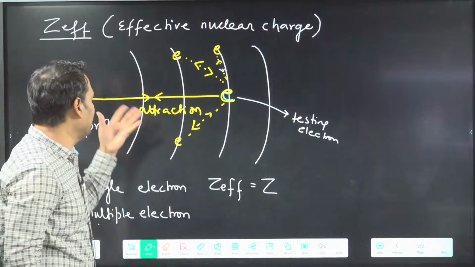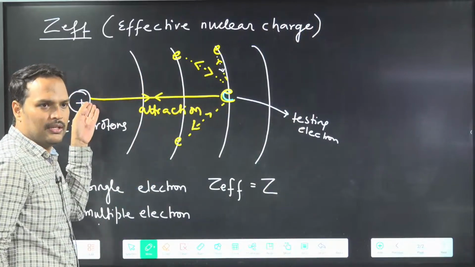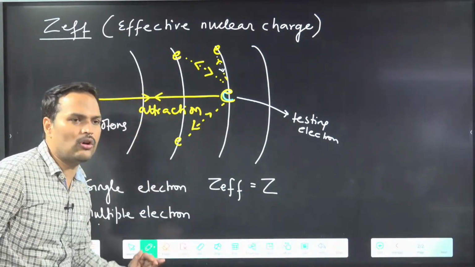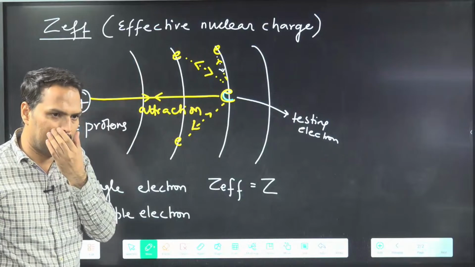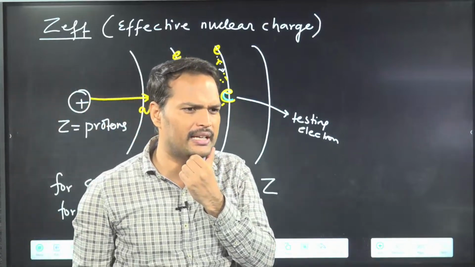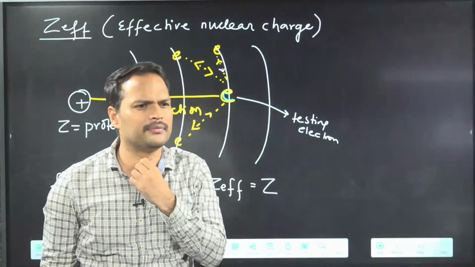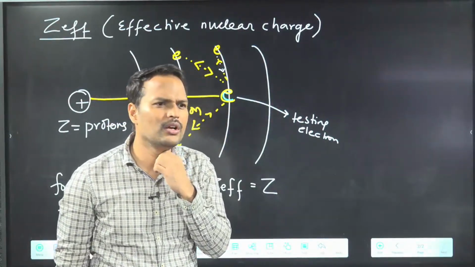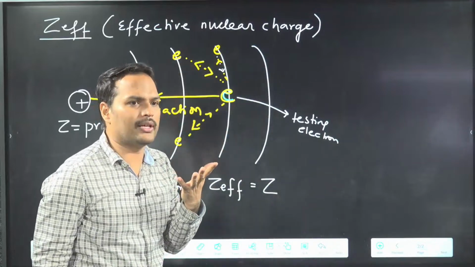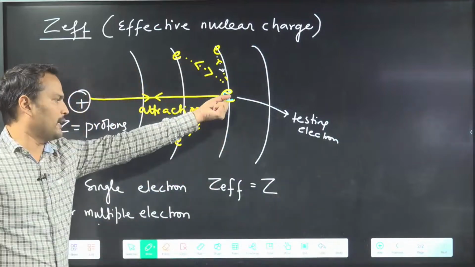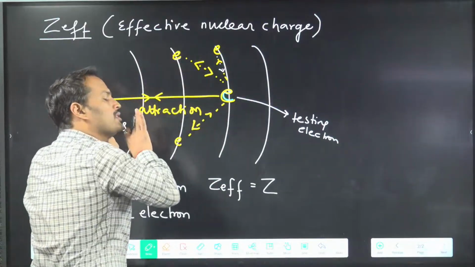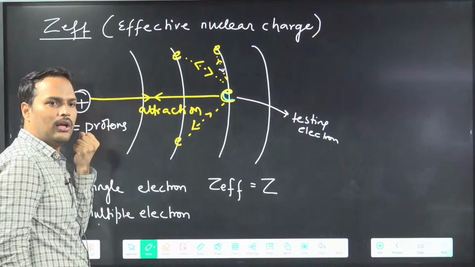So what will happen? Nucleus pull will decrease or increase? Effective pull of nucleus will increase or decrease? Possible, Akhil. Just everyone tell quickly now. Electron was pulled by nucleus. These electrons are repelling the electron.